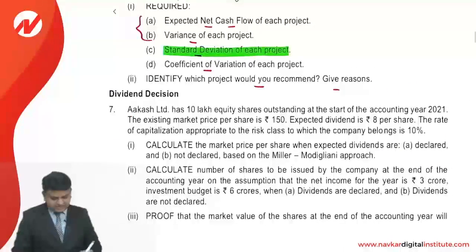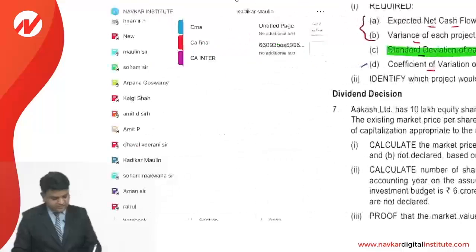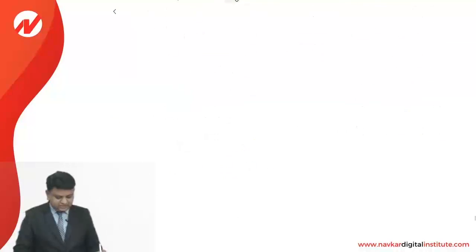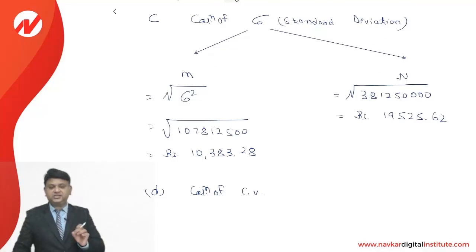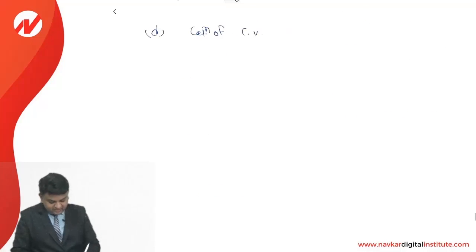Now the question says that you're required to compute the CV. Calculation of the CV is very simple. As far as the CV is concerned, it is indicating risk taken per unit of return. That is what we understand as a CV. CV can be calculated as standard deviation upon X bar. This is the way we can make the calculation.